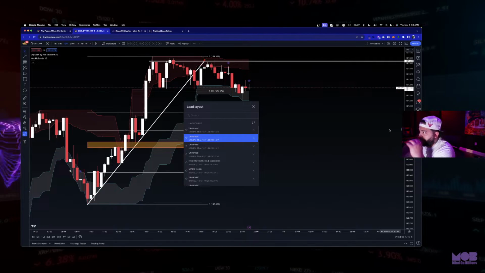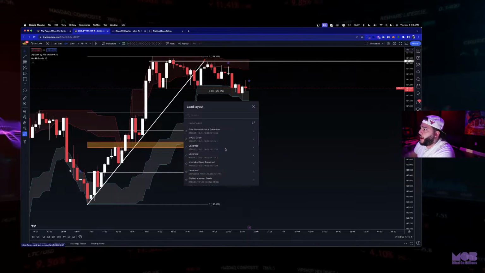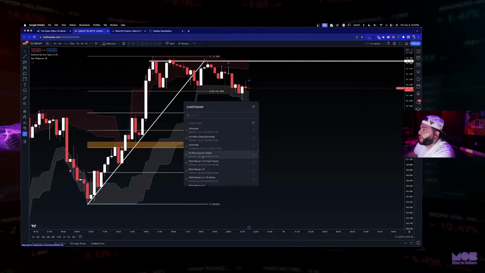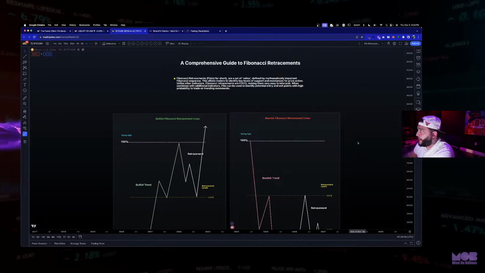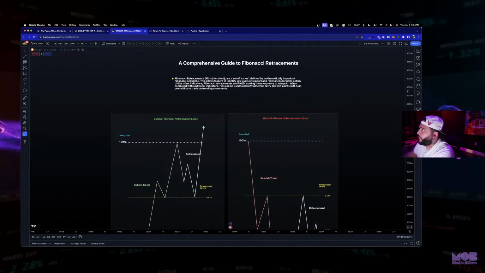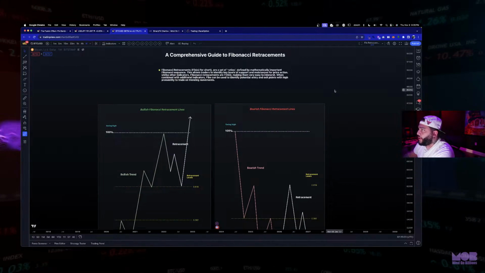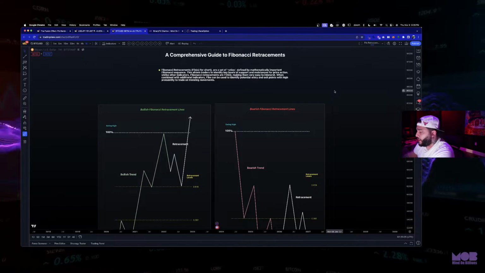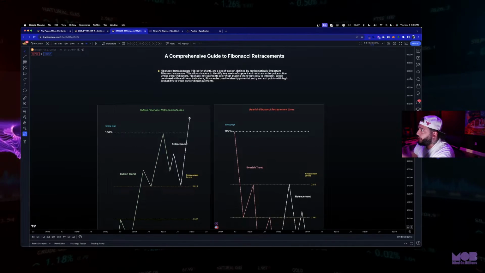Let's load one of my layouts over here, and we're going to do a Fib retracement guide. So here's a visual for you to have. I'll snapshot this and send it to you as a digital gift.